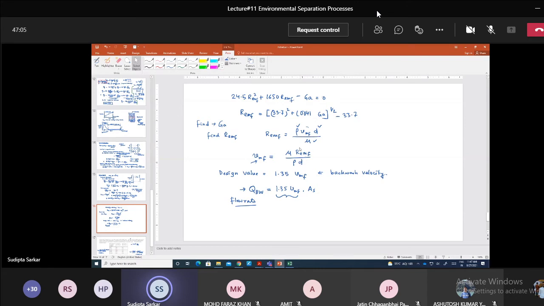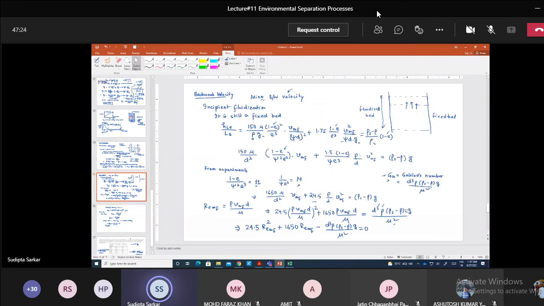If we can find REMF, that will help us find the value of VMF. Now, how can REMF be found? This is the formula we have come upon with respect to the Galileo number, which we defined as d cubed rho into rho s minus rho g by mu squared.